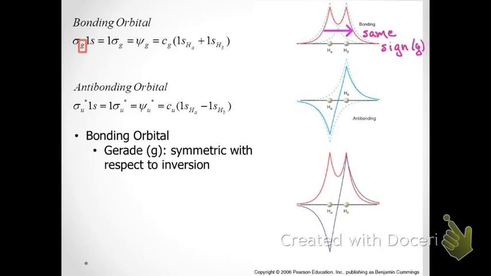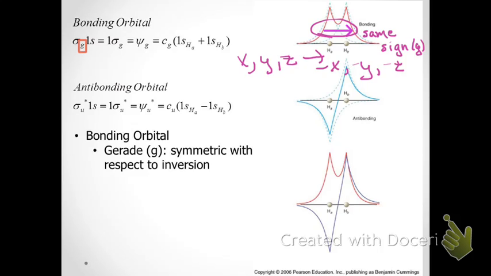Symmetric with respect to inversion means that if we look at the wave function on one side of the origin and change the coordinates from x, y, z to negative x, y, z, that is called an inversion operation. When we change those coordinates, represented by this arrow here, we go from one side of the molecule to the other side. If the wave function has the same sign on both sides, it's referred to as gerade.